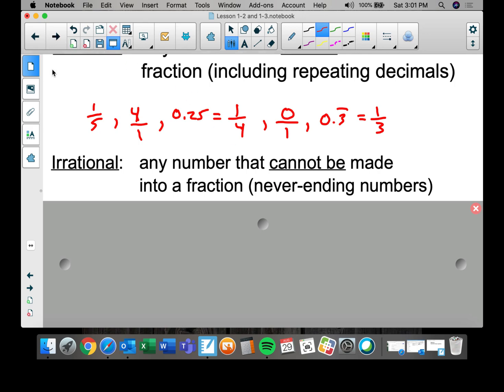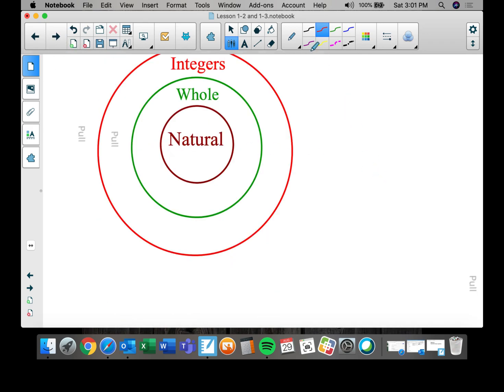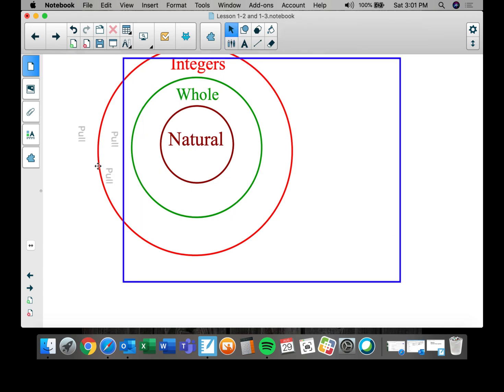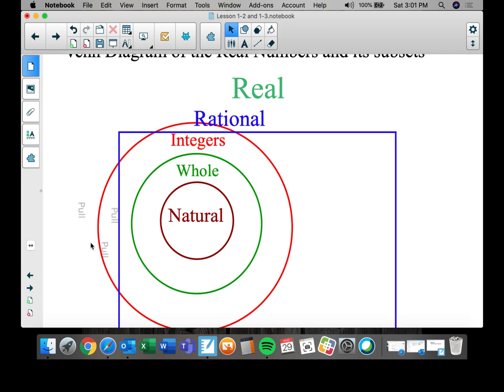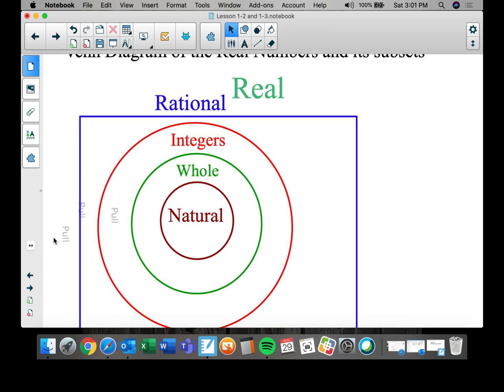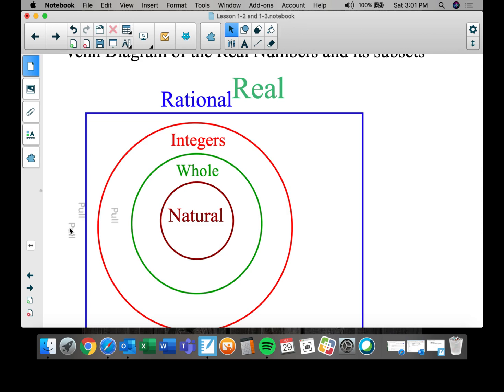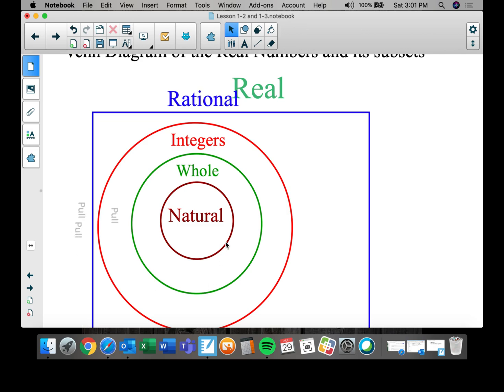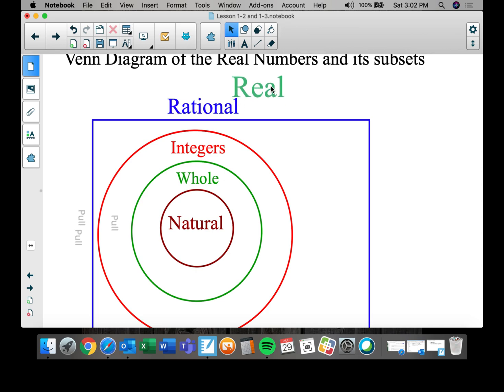Let me go back to the other slide here. Now we pull in the next part, so we can put in the rational numbers, and that includes everything inside that we've already talked about. Those are already there, so we can talk about that.